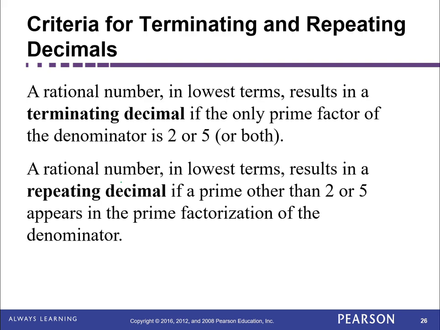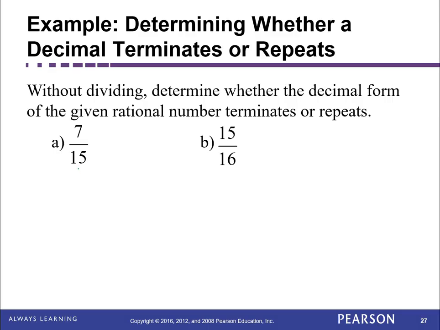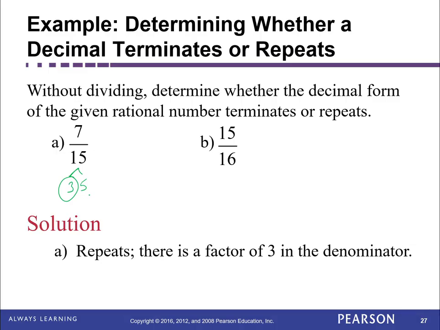A rational number in lowest terms results in a repeating decimal if a prime other than 2 or 5 appears in the prime factorization of the denominator. Now the prime factorization of this denominator is 3 and 5. So here we have a prime other than 2 or 5 that is available in this denominator. That other prime is 3. Okay, so because there's a factor of 3 in the denominator, it repeats.